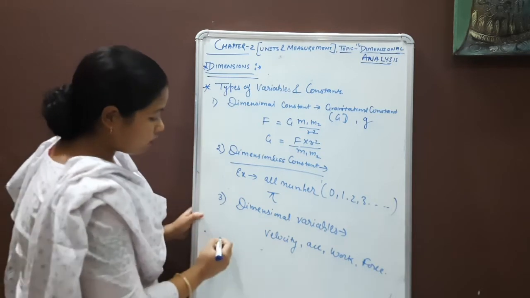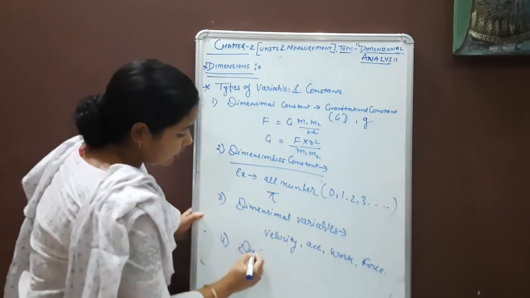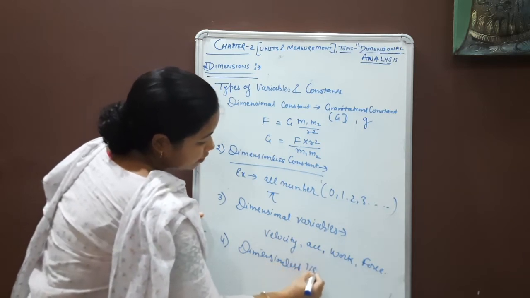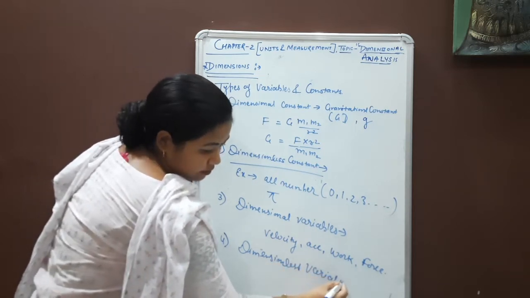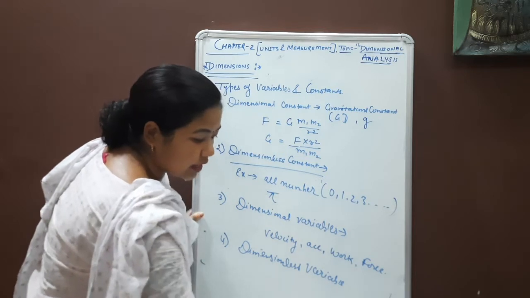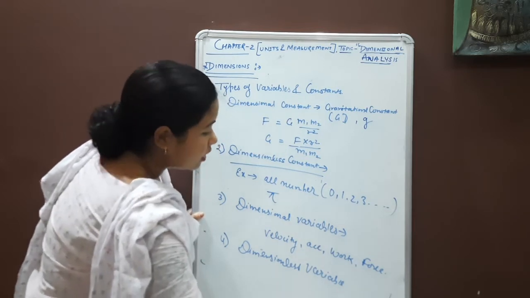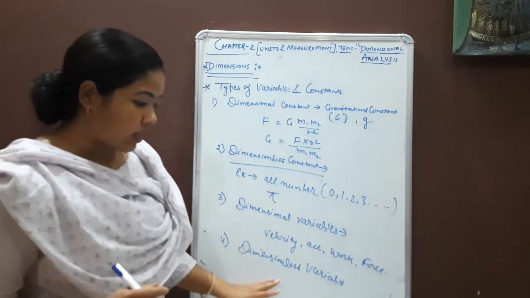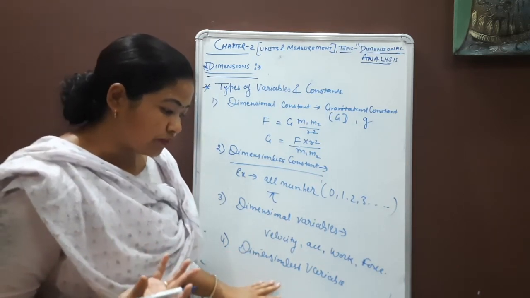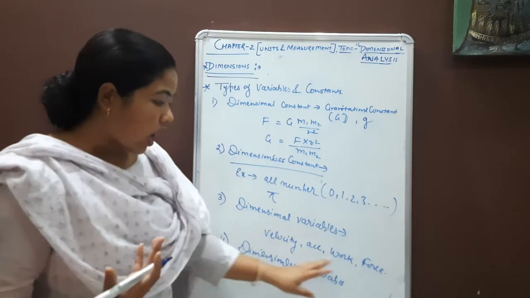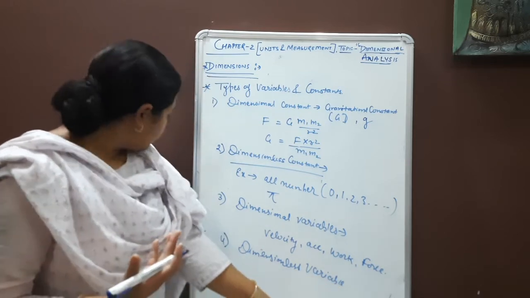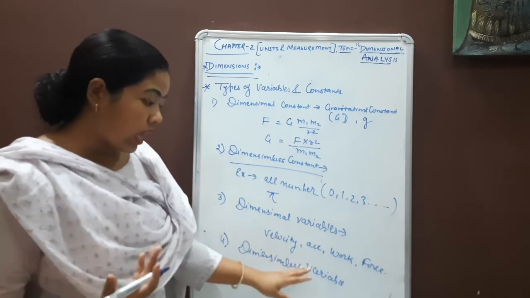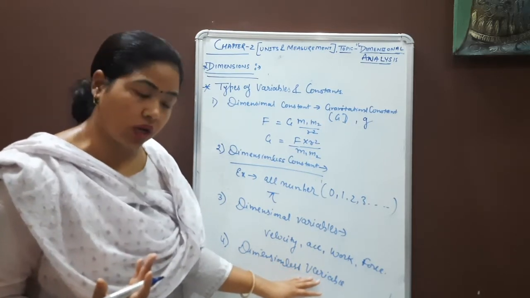And the fourth and last category is dimensionless variables. In this particular category, we have physical quantities whose values are always variable, and these physical quantities do not have any dimensional formula.